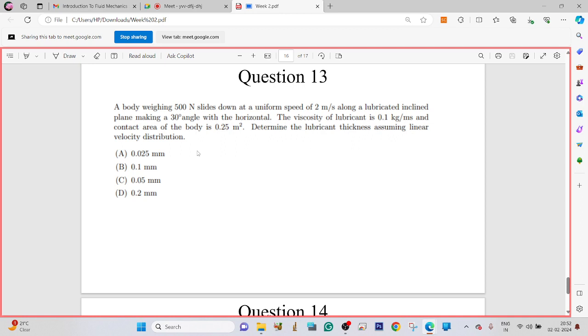Let's suppose this thickness is h. So h we need to find out, and the area is also given as 0.25 meter square, and the viscosity of the lubricant is given as 0.1 kg per meter second. So how to find out that h? Anyone?